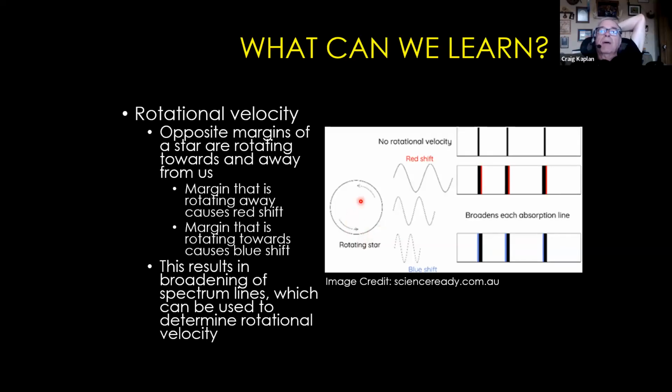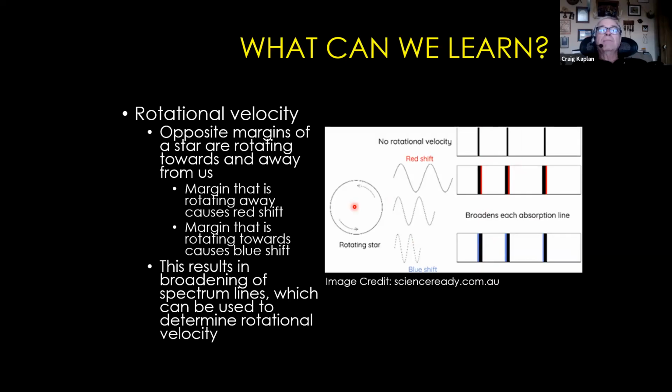So the absorption spectra for this star, if that's our exact perspective, actually broadens each absorption line. So this is one with no rotational velocity. This is the red shift added. This is the blue shift added. And these summarized together cause broadening, and they can interpret the degree of broadening as rotational velocity.